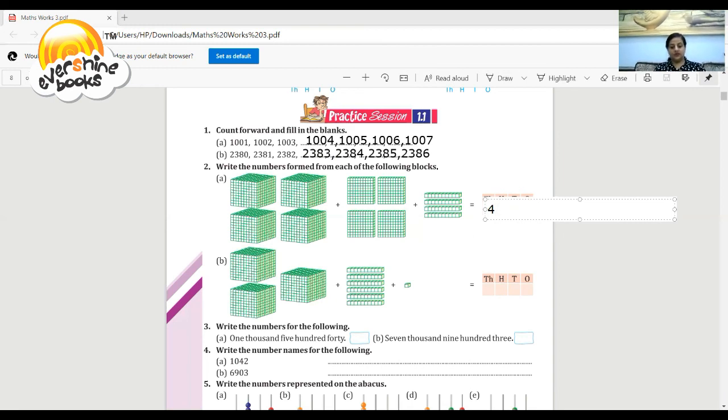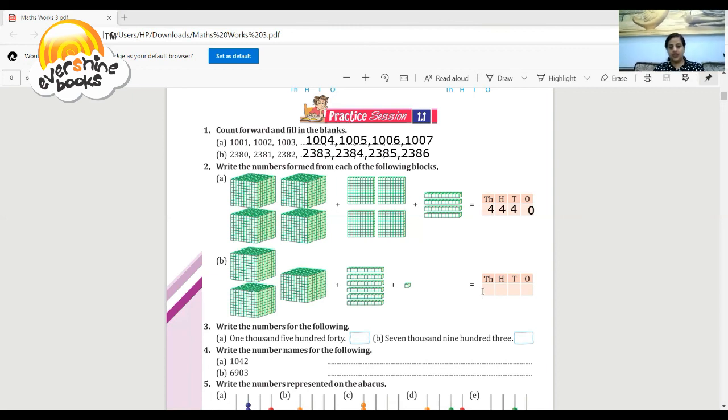It is 4. What is at the tens place? That is, how many tens are there? 1, 2, 3, 4. Again 4. But at the ones place it is nothing. So here we will put 0. So the answer is 4,440.